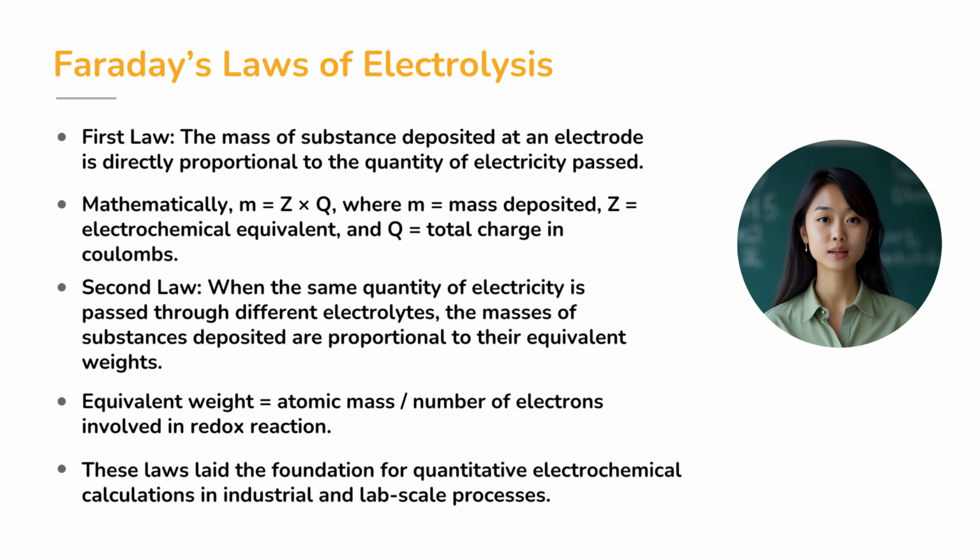Second law states when the same amount of electricity is passed through different electrolytes, the mass of substances deposited is proportional to their equivalent weights. The equivalent weight is calculated as the atomic mass divided by the number of electrons involved in the redox process. Thanks to Faraday's laws, industries can now precisely control electrolysis to manufacture everything from circuit boards to car batteries.